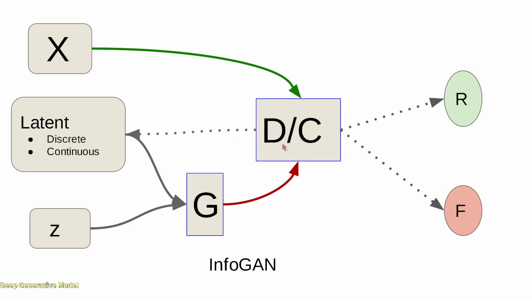But the discriminator works against the generator, while the classifier works with the generator, because the classifier will agree with the generator on what it generated.